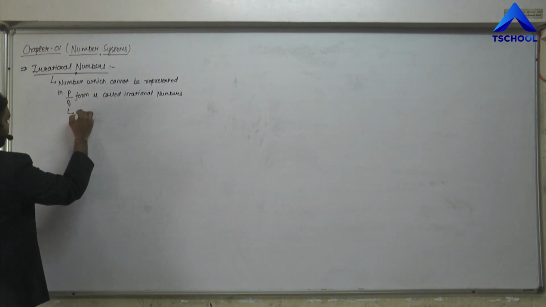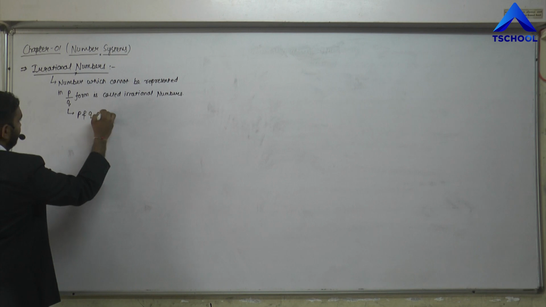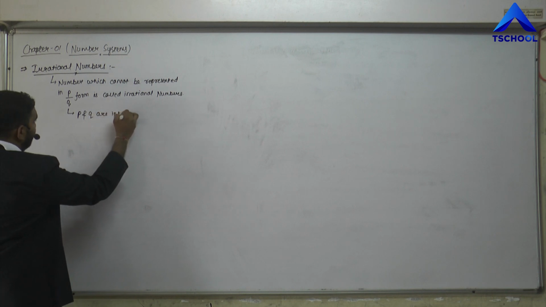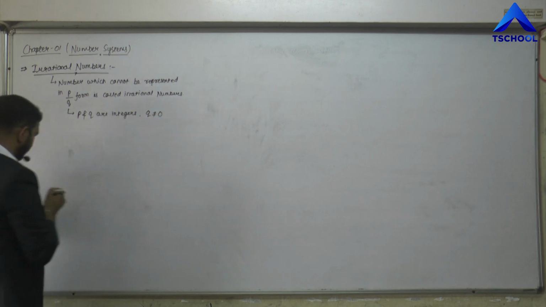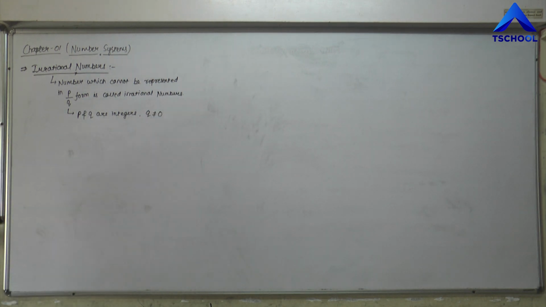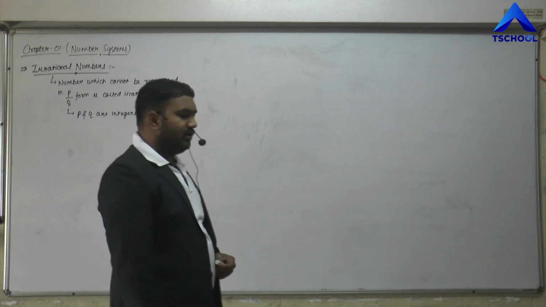Here p and q are integers and q is not equal to 0, right? So the numbers which cannot be represented in the form of p by q, they are known as irrational numbers.